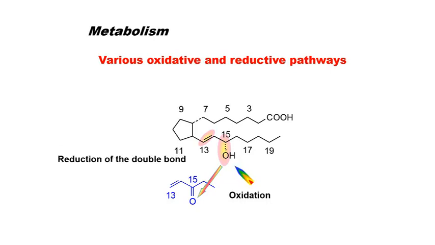At the same time, the double bond between the 13th and 14th position is reduced into the saturated compound. There is a cleavage at the alpha side chain separating the acidic part. All these are weak points in the structure of prostaglandin, and they represent labile functions in the metabolism of prostaglandins.